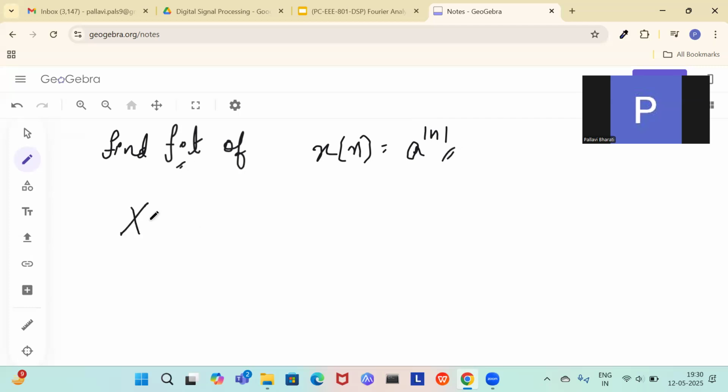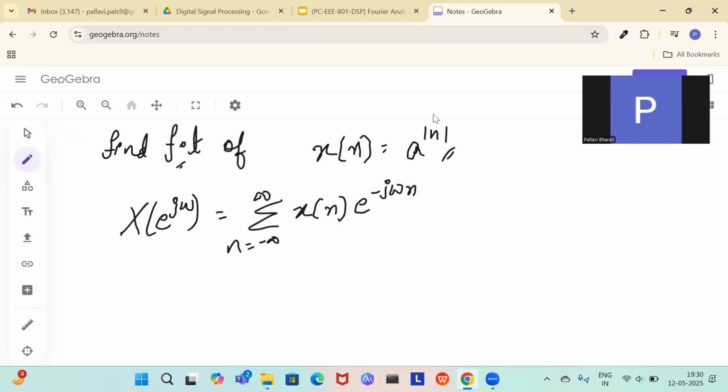So again, we'll go directly with the formula, but we'll be drawing the diagram. We take the sum from n equals minus infinity to infinity of x[n] e^(-jωn). Now this is a to the power |n|. So if you draw the diagram of a^|n|, the value at 0 is 1, and after that, the value will go on decreasing.